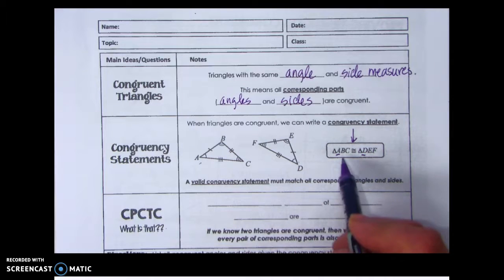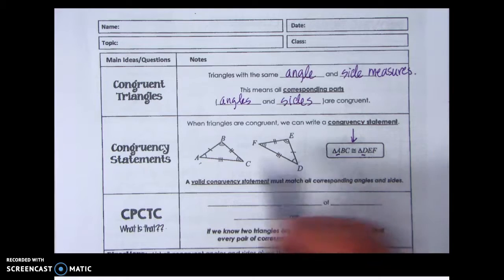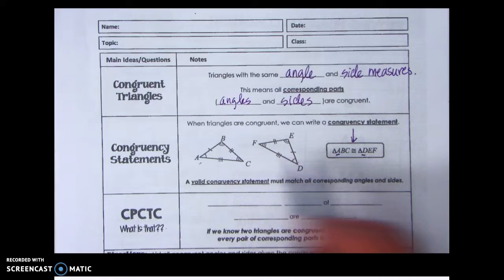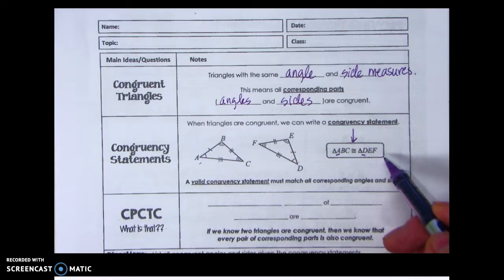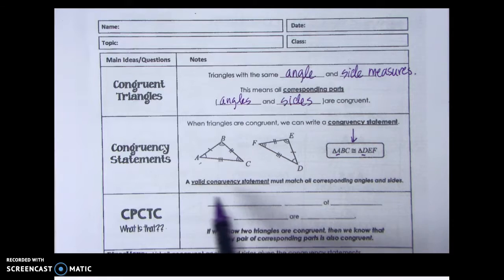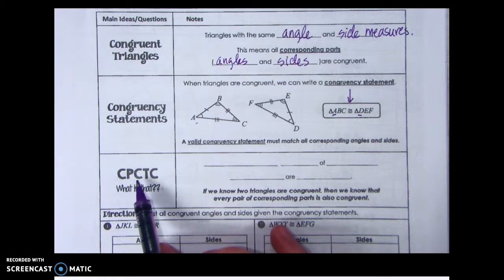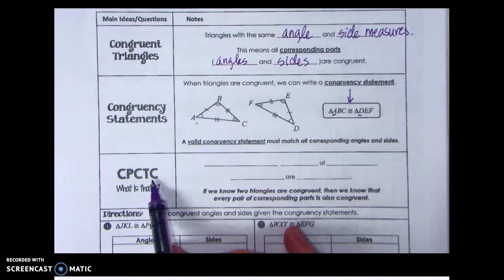A matches D, B matches E. And then C, the last letter, matches F, the last letter in this triangle congruent statement. So a valid congruent statement must match all corresponding angles and sides. CPCTC. So what this means is that corresponding parts of congruent triangles are congruent.